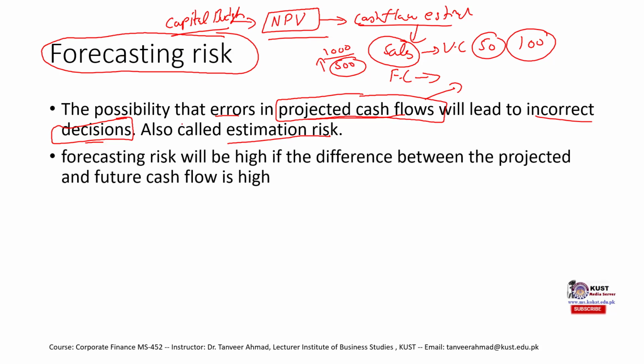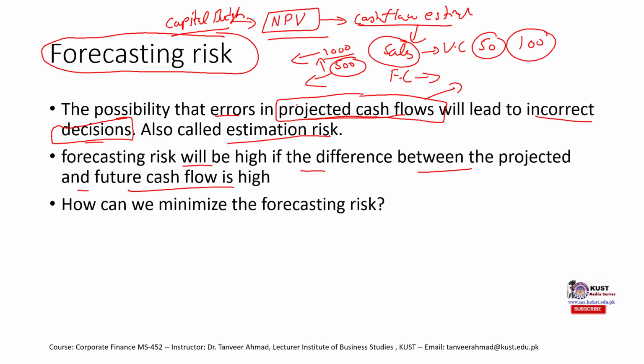Okay, so forecasting risk would be high if the difference between the projected and the future cash flow is high. It simply means that our projected sale was 1000 and the actual sale turned out to be 500. So the difference between the projected and the actual cash flow, actual sales or actual expenses, and the projected expenses would be the forecasting risk.